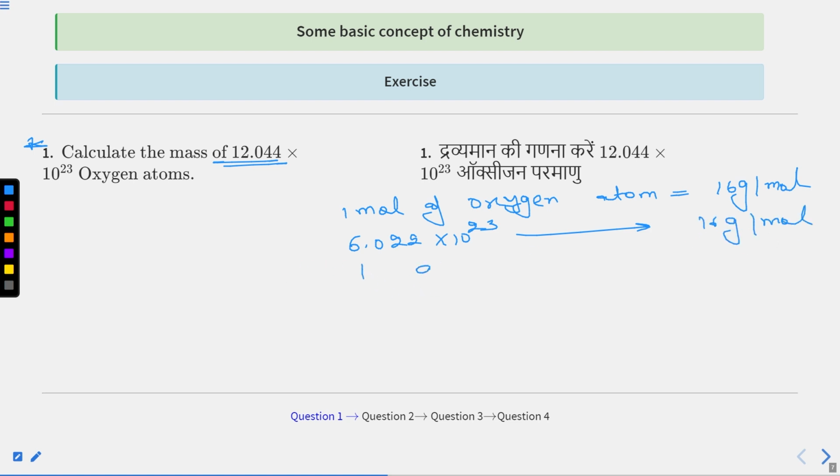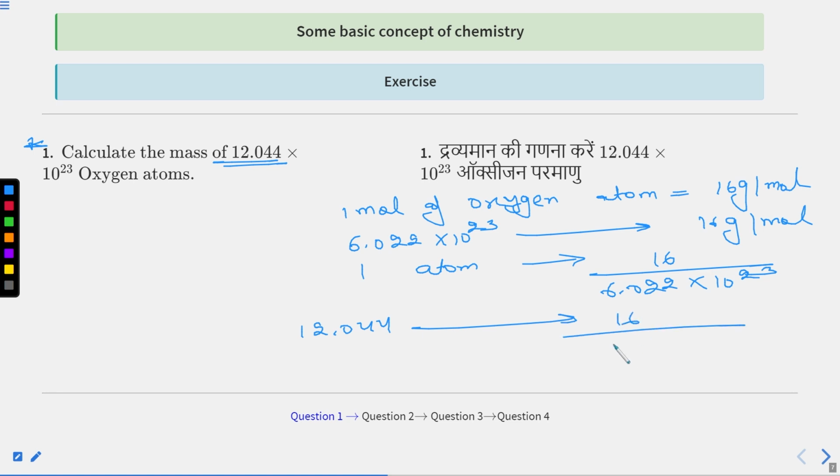So the mass of one oxygen atom will be 16 by 6.022 into 10 raised to the power 23, and the mass of 12.044 into 10 raised to the power 23 oxygen atoms will be 16 by 6.022 into 10 raised to the power 23, into 12.044 into 10 raised to the power 23.